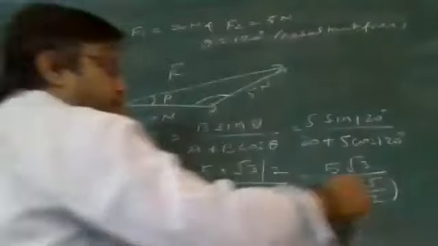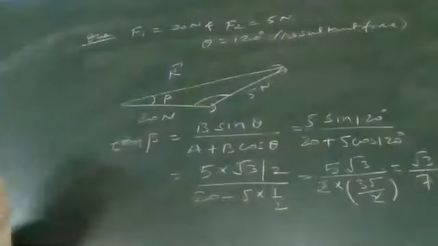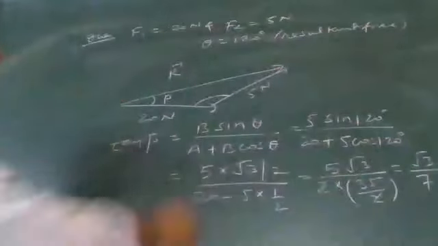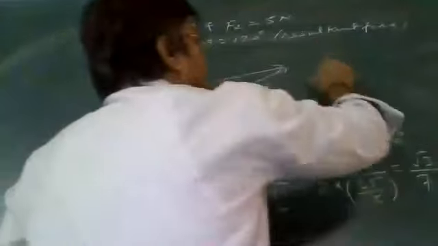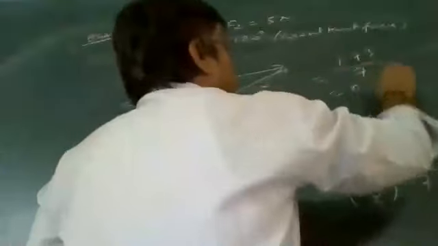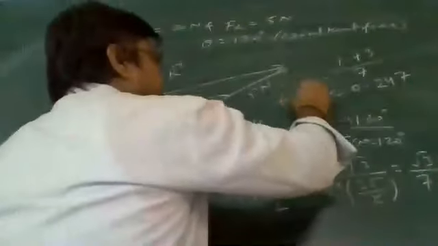If I resolve it further, the 2 is gone, you will get root 3 by 7. If you resolve it further, root 3 is 1.73 divided by 7. You will get 0.247. That is your tan beta.